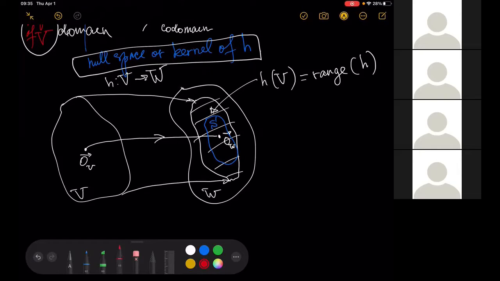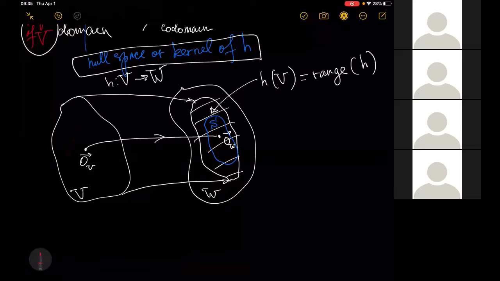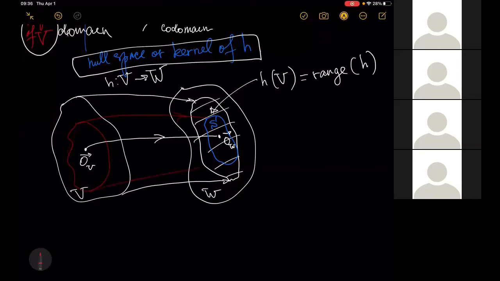Now, the statement of the theorem says that it doesn't matter what this subspace S will be. You see, S is a subspace of the range, so it's not necessarily the whole range. It can be some subset of the range, right? So if I find all possible vectors from my domain, this is the codomain.